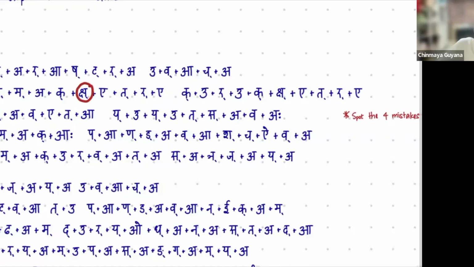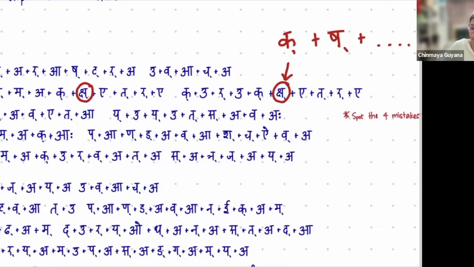Kshahalant, kshahalant. Twice it came. If you write ksha, it is not breaking up all the sounds. Ksha is not its own sound. Ksha is kahalant plus shahalant plus whatever goes on after that.